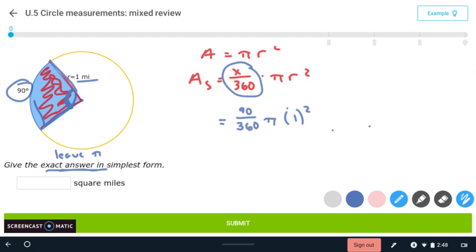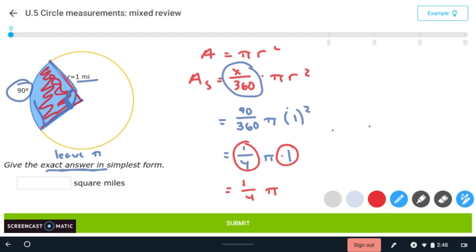IXL is starting us off with a pretty easy problem because 90 over 360 reduces to 1/4. Again, we want to leave pi in our answer, so I'm just going to say 1/4 pi, and then 1 squared is just plain 1. Anytime we've got numbers, we multiply them. So 1 times 1/4 is still 1/4, and our answer is 1/4 pi.